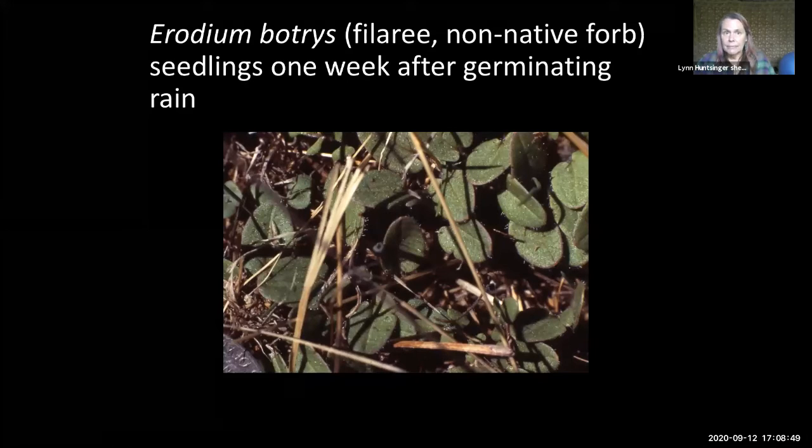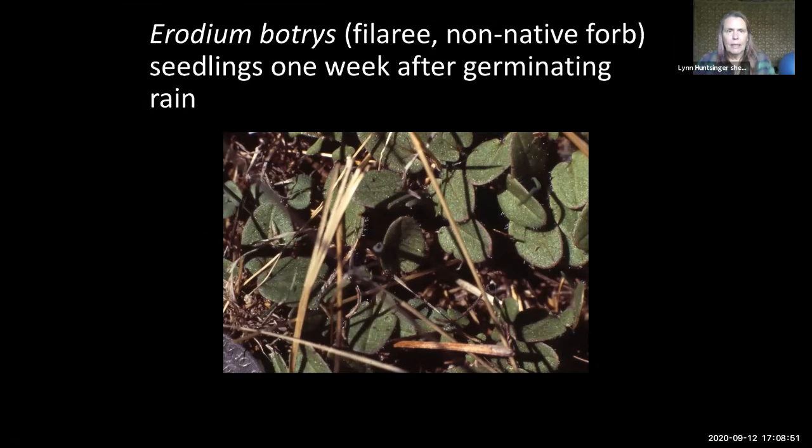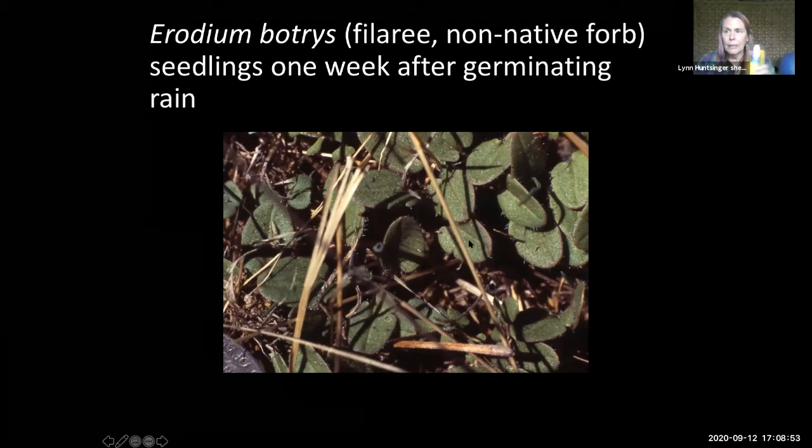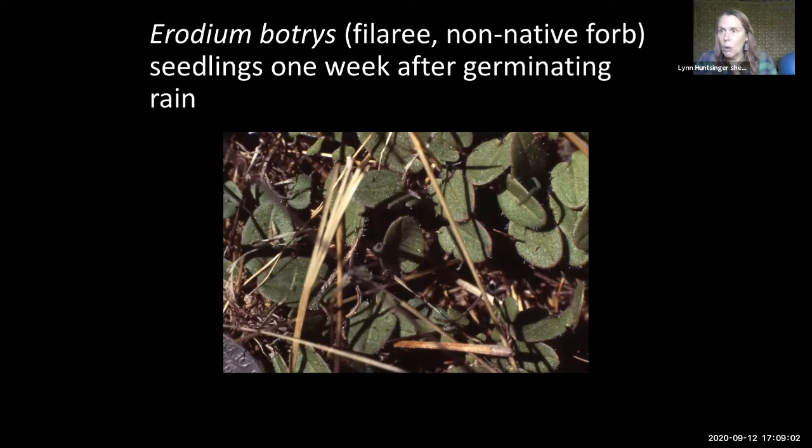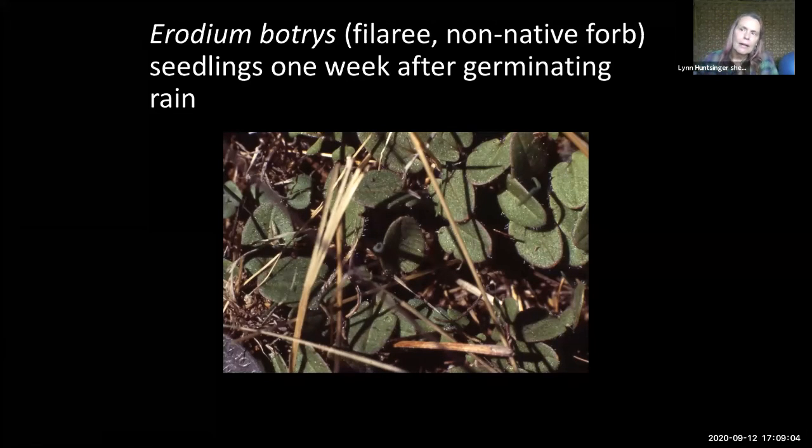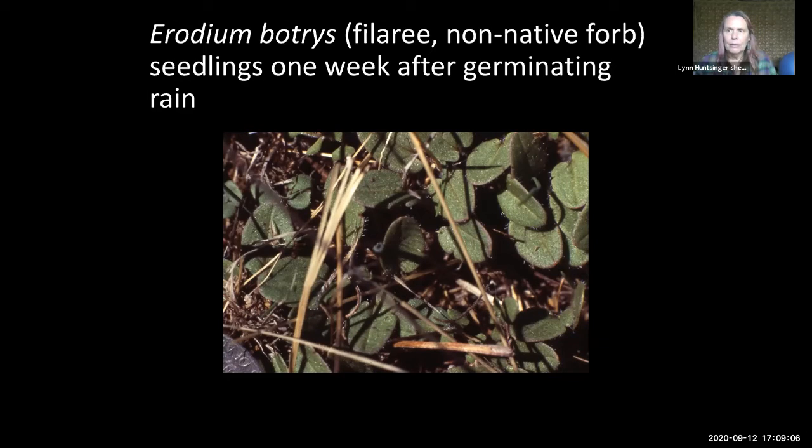This is Filaree, Erodium botrys. This is 1 week after a rain. Now, when does it rain in California? It's hopefully going to start any moment. We need it. But probably not till October or November, unfortunately. A significant rain.